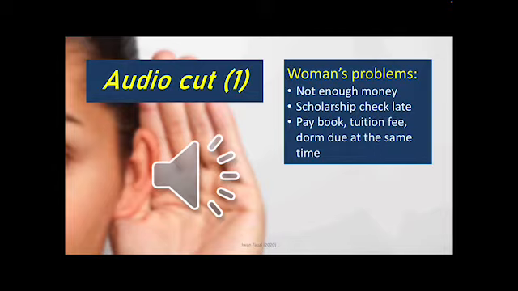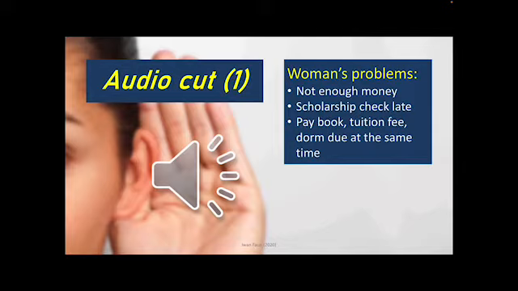So when the woman does not have enough money to pay book, tuition fee, and dorm dues at the same time, she has a problem with budgeting for her study. This is because of the late scholarship check.